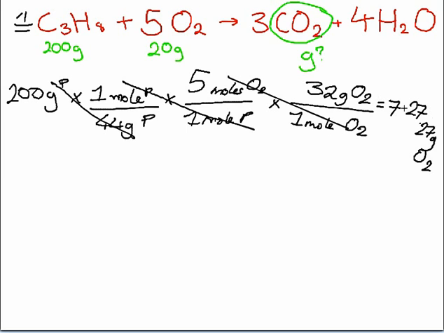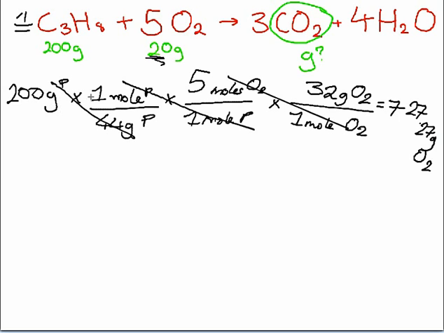Okay, so look at this number right here, 727.27 grams of oxygen gas. Now we have to look back at the question. The question says we only have 20 grams of oxygen gas. So what does that mean?